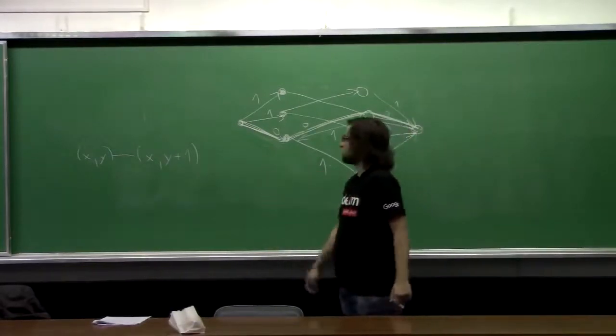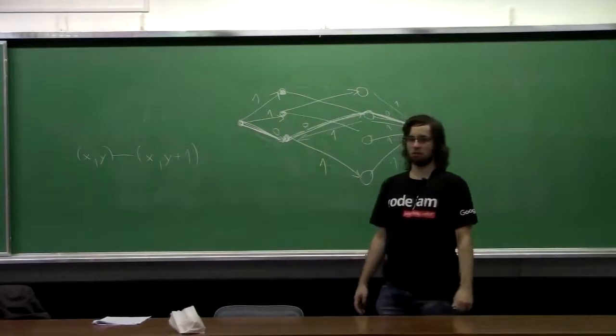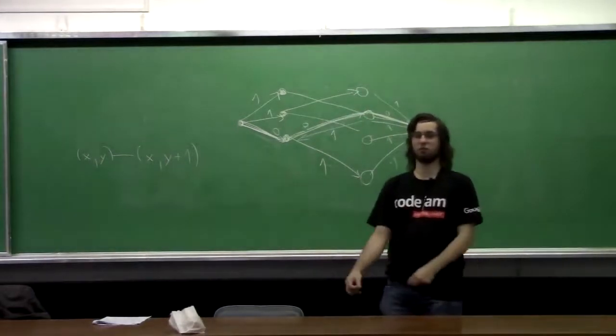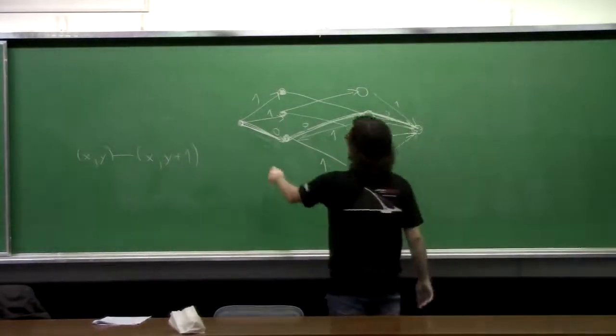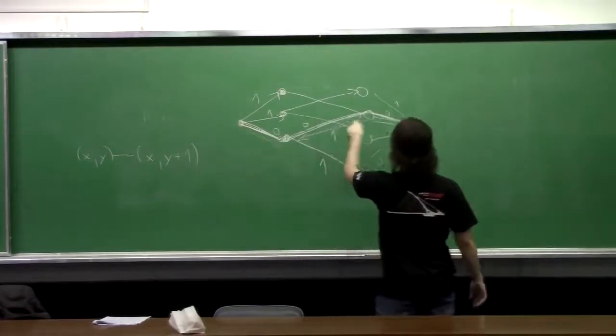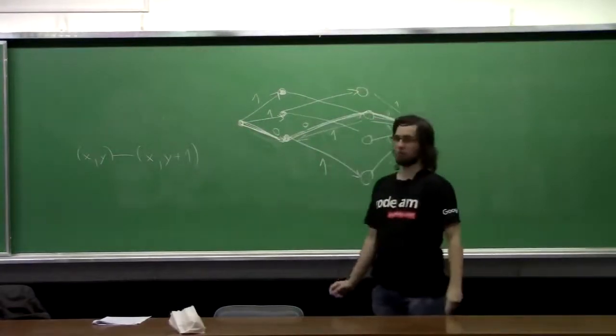And what we are doing is that we just run a DFS or BFS through that graph and find a path from the source to the sink that goes only through edges with capacity 1.